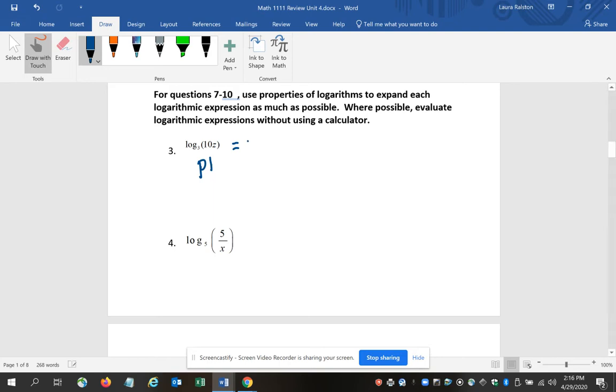So this would become log base 3 of 10 plus log base 3 of z. Now, I want to think about it. 3 to some number would be 10. I can't do that in my head. So that one is as simple as it would get.